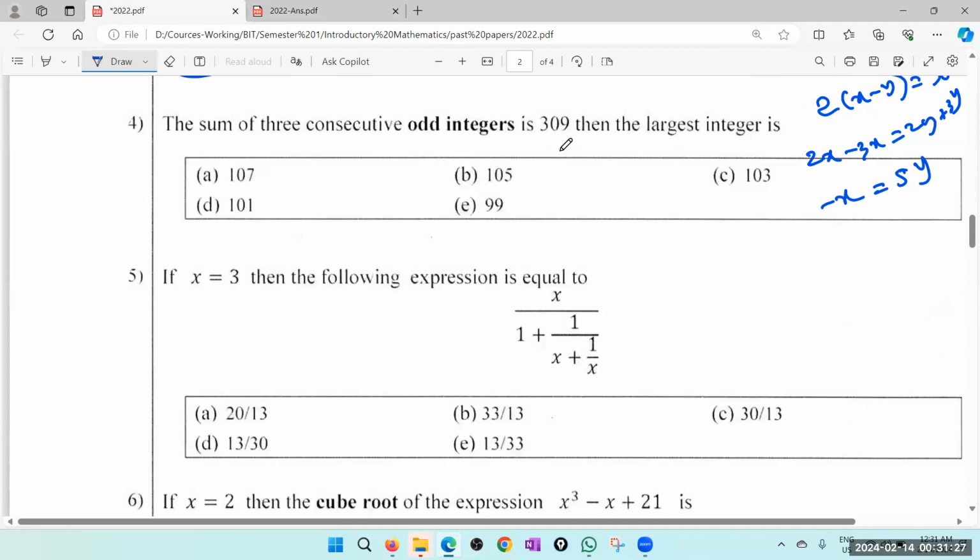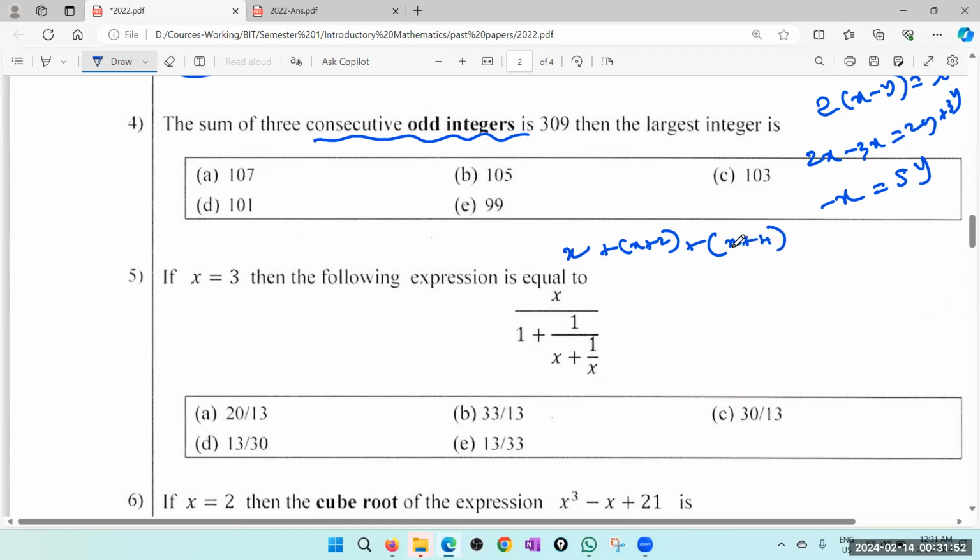The sum of the 3 consecutive odd integers is 309. Then the largest integer is? So that means if my first odd integer is x, next odd integer is x plus 2, and next odd integer is x plus 4.